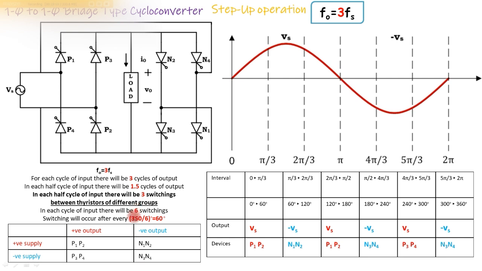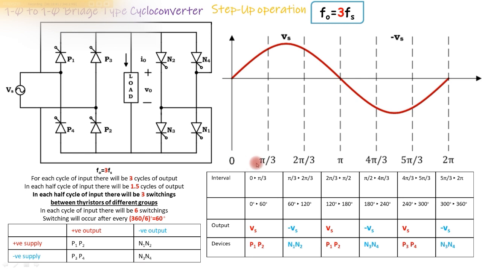Therefore, the 360-degree interval of the input supply must be divided into 6 sub-intervals, and there will be 6 switchings each at an interval of 60 degrees. So we have divided one cycle of the input into 6 sub-intervals, each of 60-degree duration.